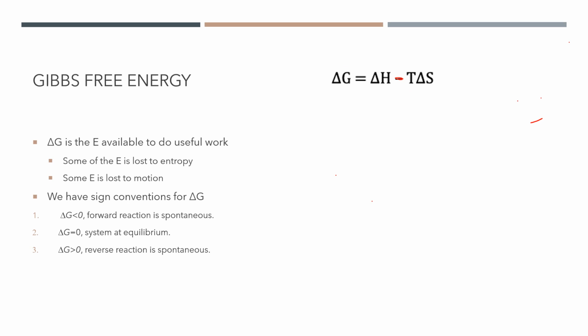Whereas the other way around, let's say it's an endothermic process. Wait, did I already use that one? Did I? Yeah, let's say it's an exothermic process. And no, I did use that one. Wow, okay. Well, let's say it was an endothermic process and the change in entropy is positive. So endothermic reactions are not that favorable, but if the entropy is high, then at high temperatures, the higher your temperature, the higher this value can be.